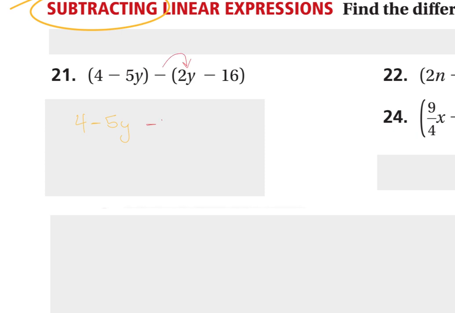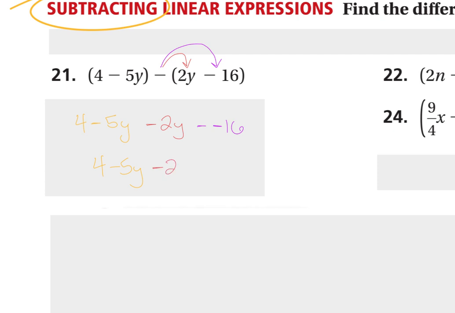negative 2y. Why is it negative all of a sudden? It was positive, but I'm going to be subtracting it. And when you subtract a positive, it's just subtracting. It's just negative, just like that. And now negative 16. If you want to write it like that first, go for it.